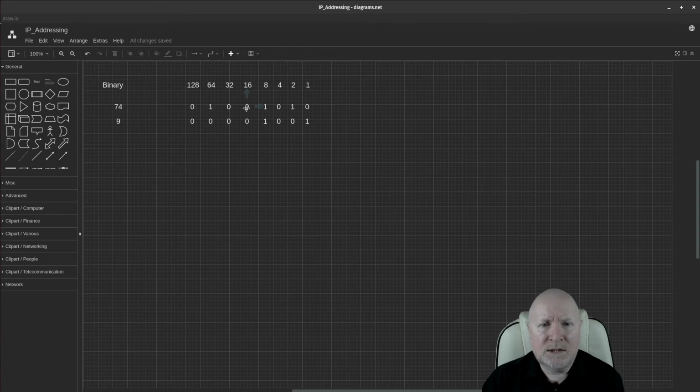That's too high, so we set that one to 0. We go to the next column, which is 8. 64 plus 8 is 72, so we're still within our range of 74. So we enable that bit and set that to 1. We can't use 4 because that would take us too high.